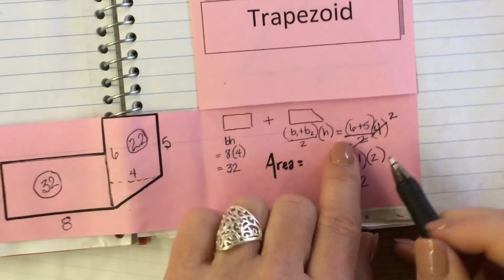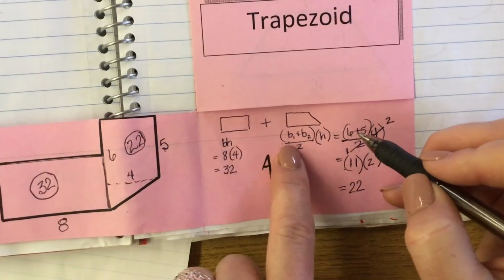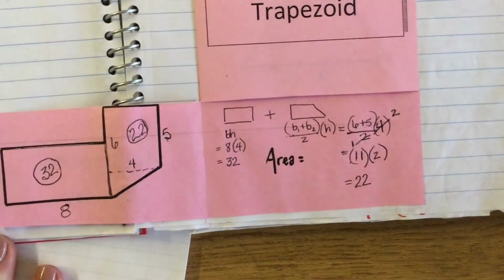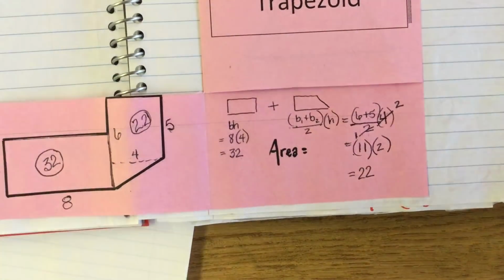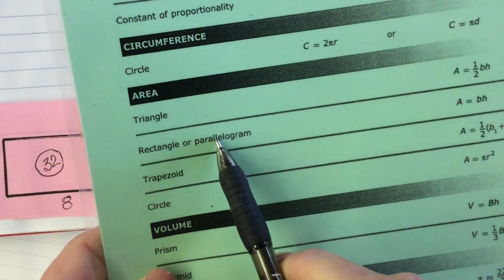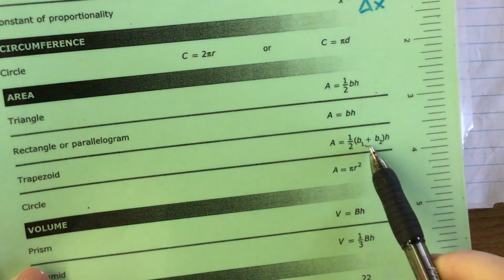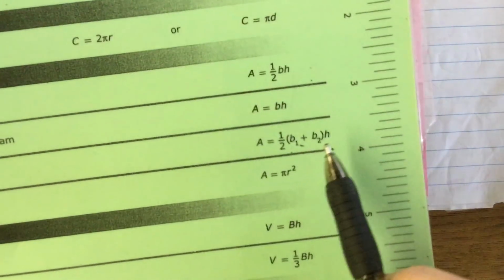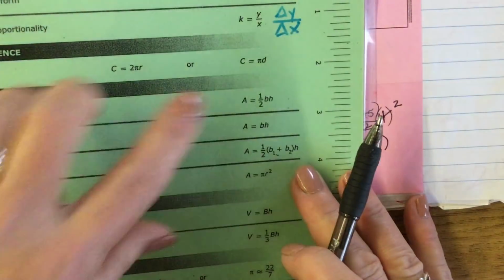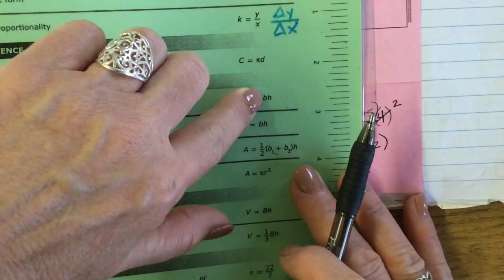Okay, let me repeat what I just did here. So all it is a formula, and by the way, all of these are on the reference sheet. Right here, they give you a triangle, they give you a rectangle or a parallelogram, and a trapezoid, and you've seen these before. Now you notice a half, and I told you to do it a little differently, didn't I? I said find your base times height and then divide by 2.